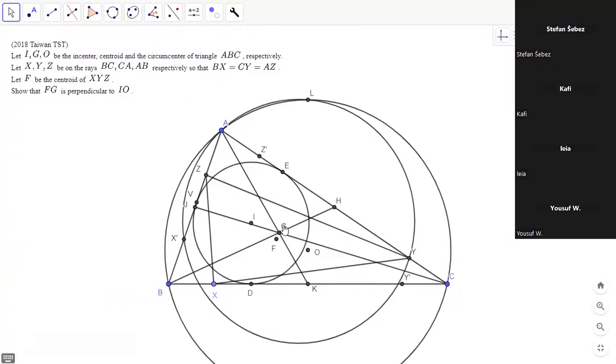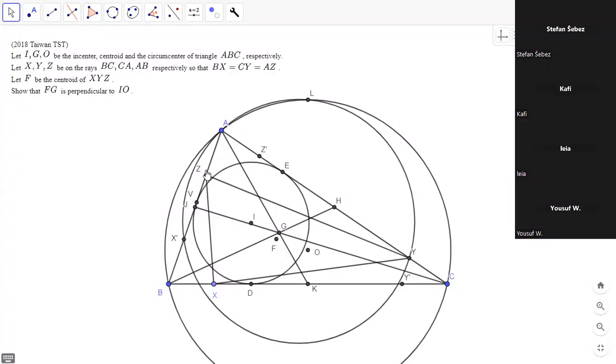The vector FG is the point G minus the point F. Yeah, let's say we are doing complex numbers. That is just easier than saying vectors. So G is a third A plus B plus C. Yeah. And F is a third X plus Y plus Z. So when you subtract the two, you get a third the vector BX plus the vector CY plus the vector AZ. You get B minus X and C minus Y and A minus Z.